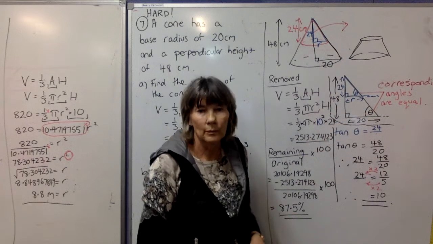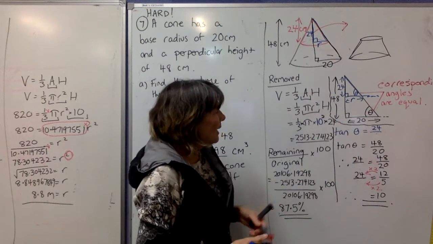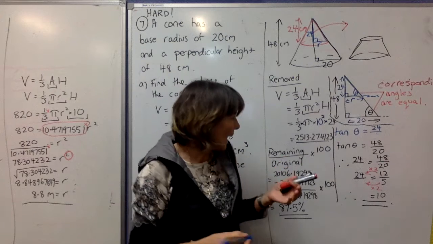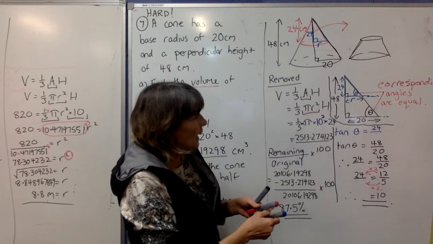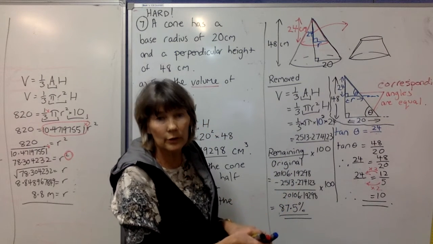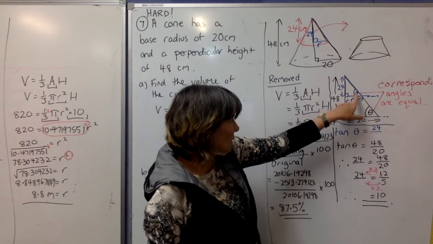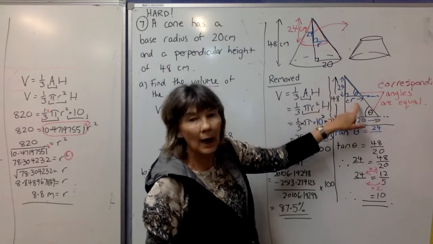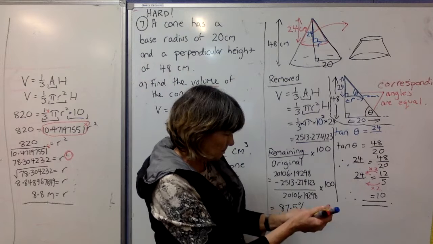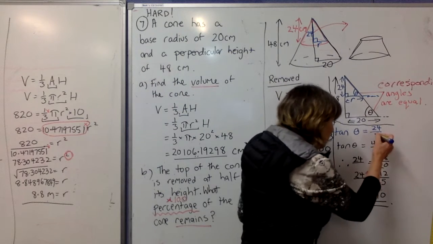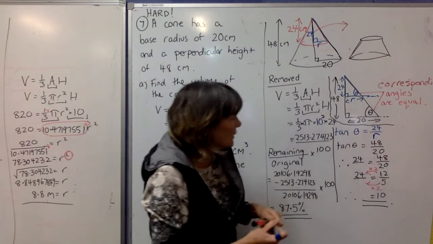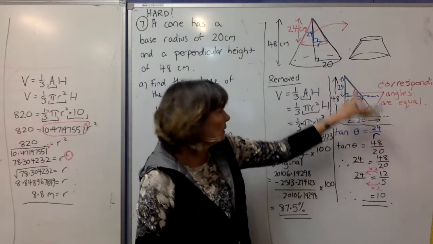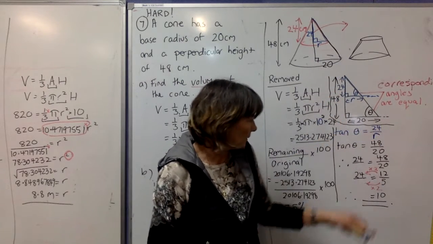So they're equal. So if we look at that equal angle and think about your tan ratios, the tan ratio is opposite over adjacent. So the tan of this theta is 24 over R. Okay, let's write it in. And the tan of this black one is 48 over 20.